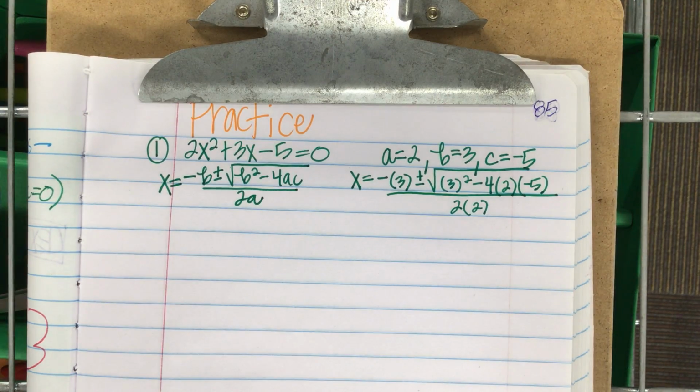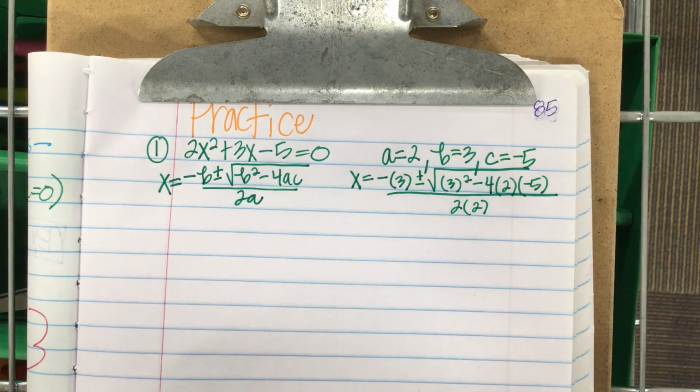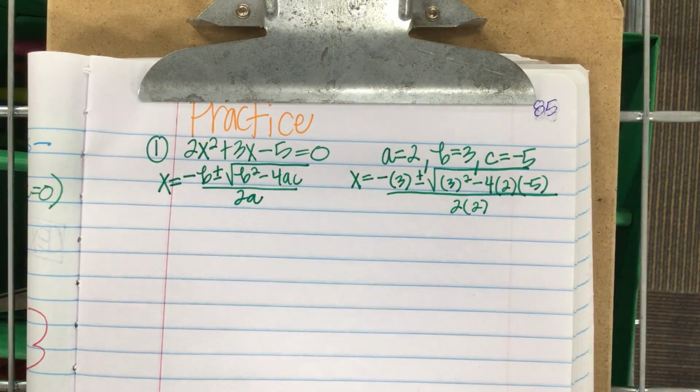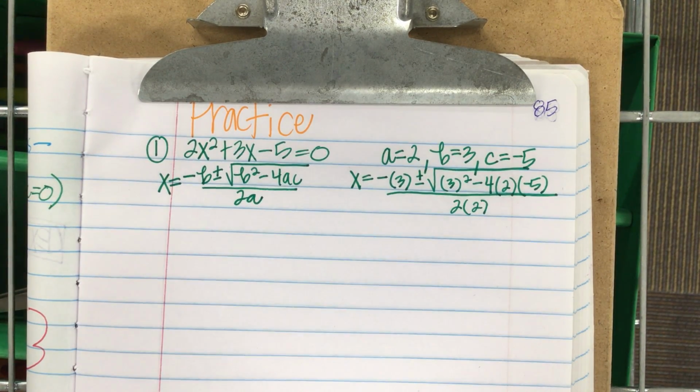Now, substituting. Now, here's the deal. Some people say, Mrs. Long, I'm just going to type this in my calculator. Now, there is no plus or minus button, so you have to do it twice. But here's my word of caution.